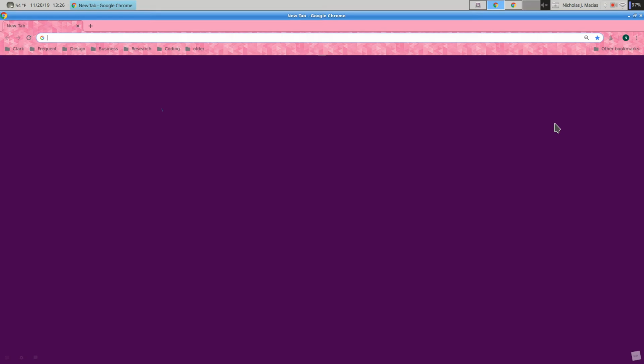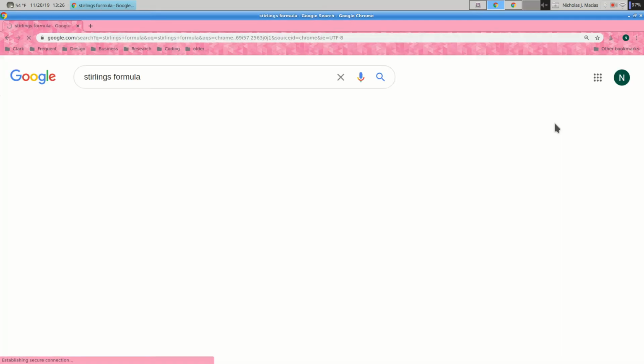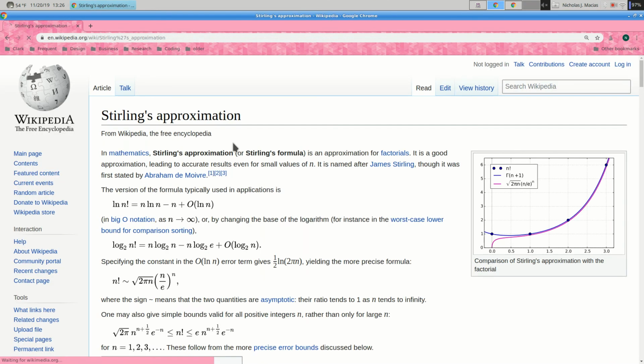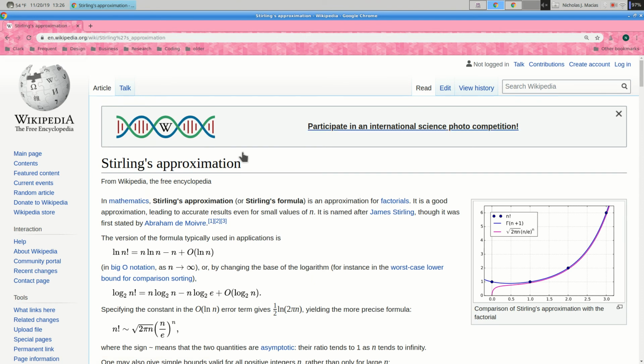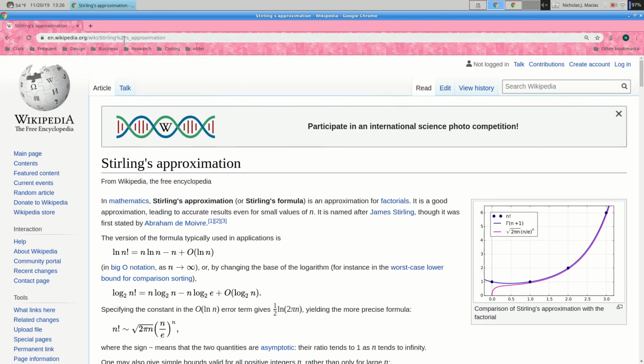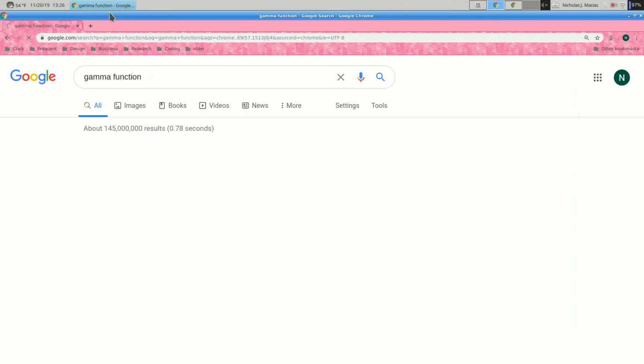And it's a quirky thing. It's a thing called Stirling's formula. No, it's... Nope, it's not Stirling's formula. It's a thing called the gamma function.